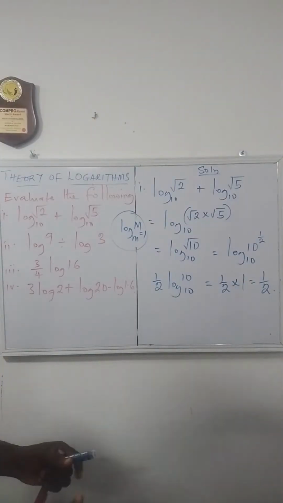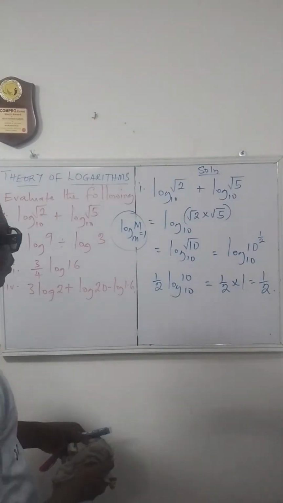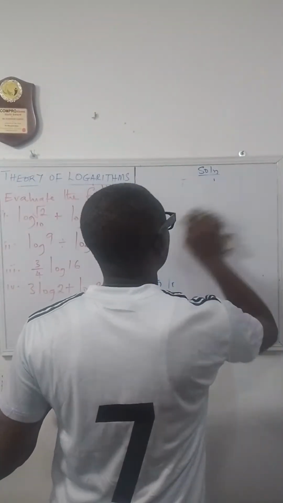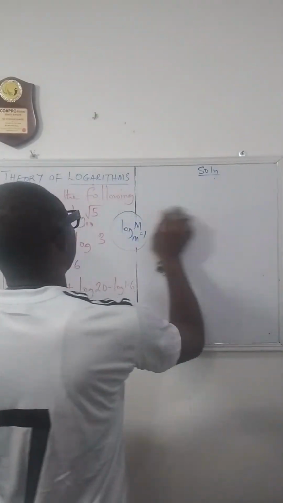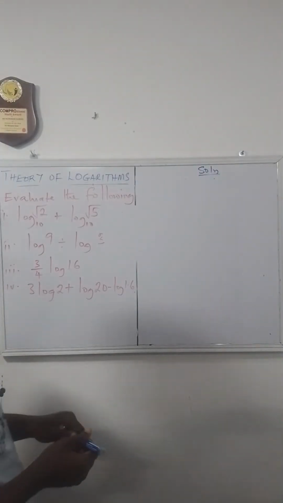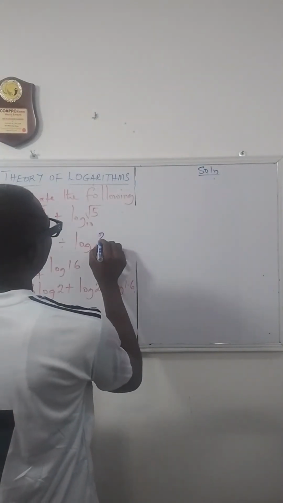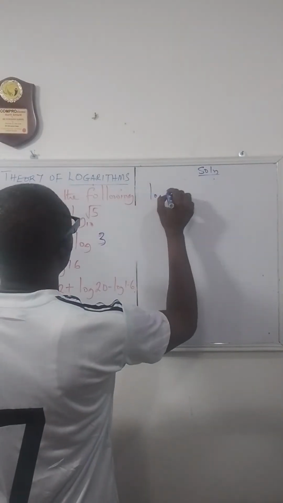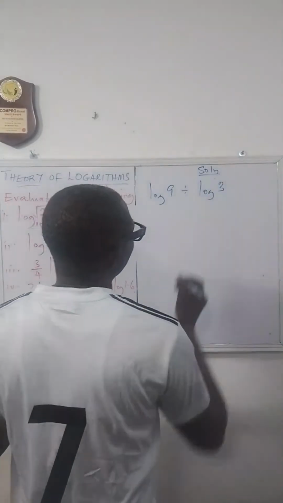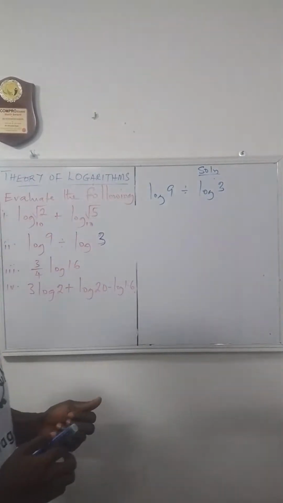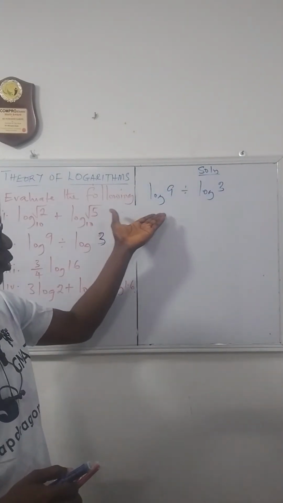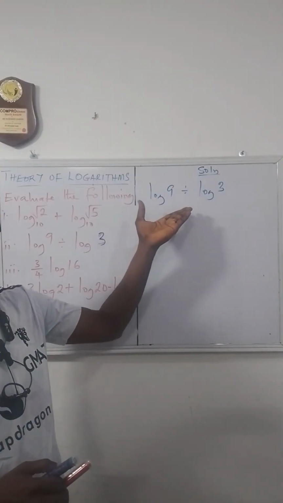Okay, so now let's look at the second one. You have log 9 divided by log of 3. Now, I observed that a lot of students make mistakes here. They assume this is the law of division.